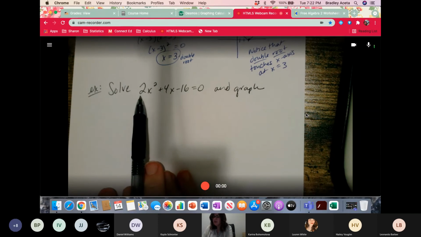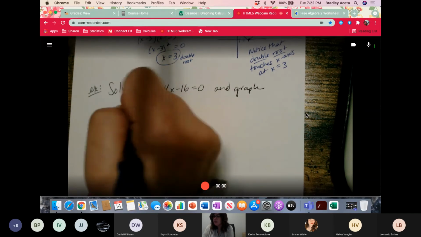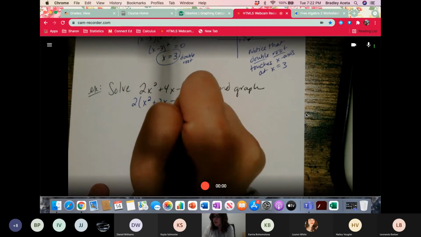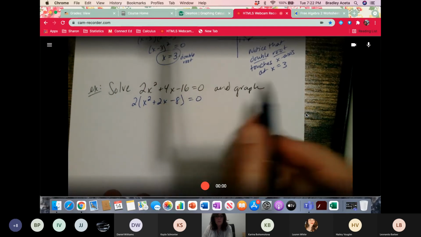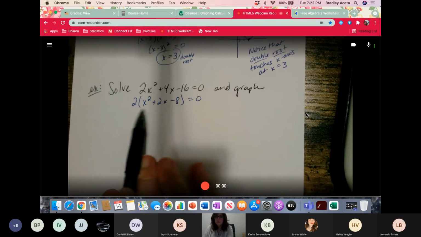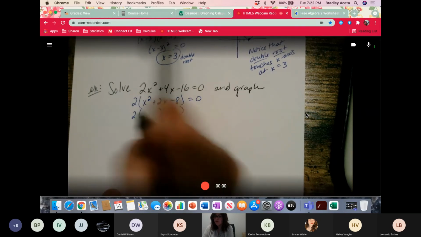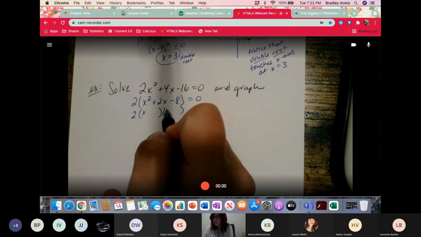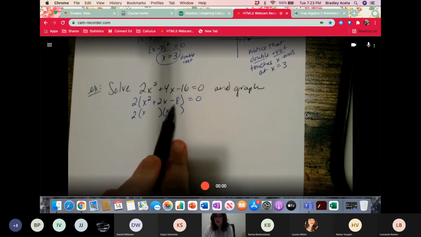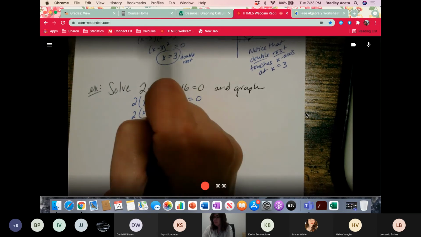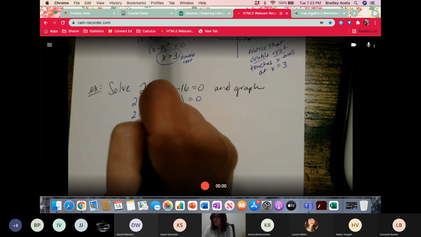So if I factor, I see that they all have a 2, so I'm going to take out a 2. And I'm left with x squared plus 2x minus 8. And then I'm going to factor what's inside here. You can keep that 2 on the outside. x and x, two numbers that multiply to -8, but add to 2 would be a +4 and a -2.